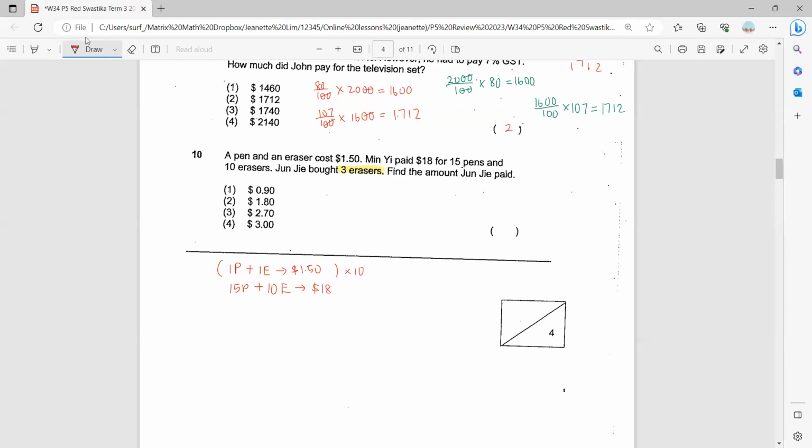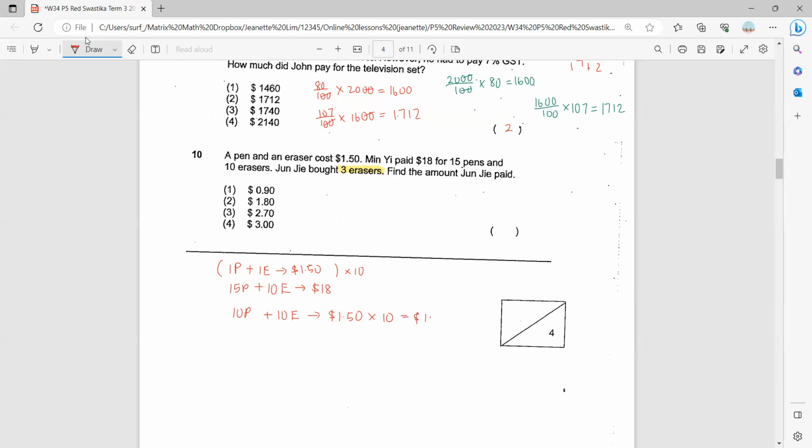So I times 10 to the whole thing. I'll get 10 pens plus 10 erasers, and 1.50 times 10 is $15. You can make the pens the same also, just that you have to times 15 instead, which would be slightly harder.